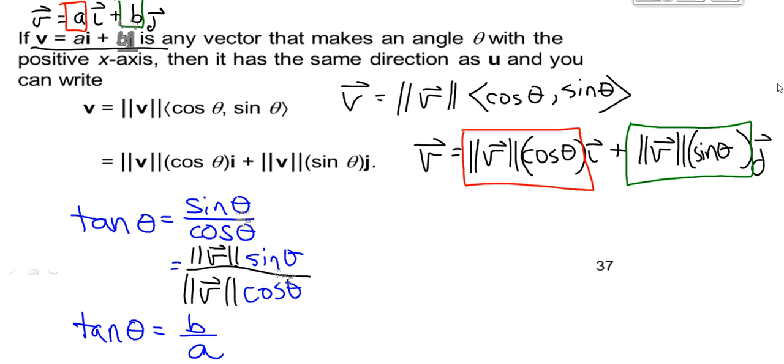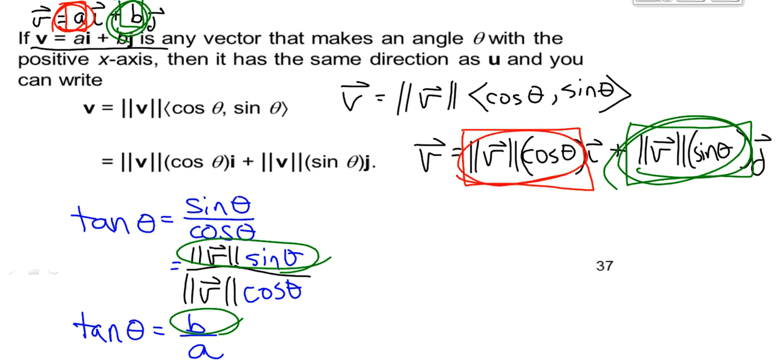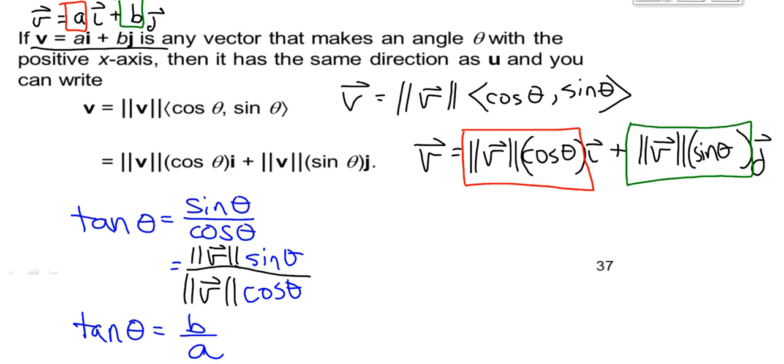So B is right here, and this is equal to B, so I can replace it there, and then A is right here, and I can replace it with all of that, and then there's A. So without having to go through all this mess here, although I am going to need to know that version, if I have it in linear combination form, I should be able to just get that tangent theta is equal to B over A.